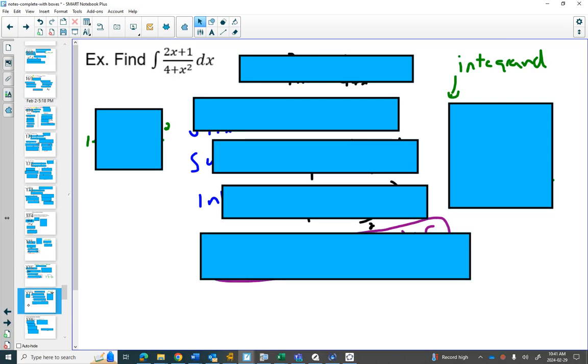Recognition-wise, you have something plus x squared on the bottom, which should make you think of tan inverse, which has the 1 plus x squared on the bottom. You have the 4 plus x squared on the bottom, which should make you think of substitution. If you make u equal to 4 plus x squared, then the derivative is just 2x. But the problem is on the top, you have 2x plus 1.